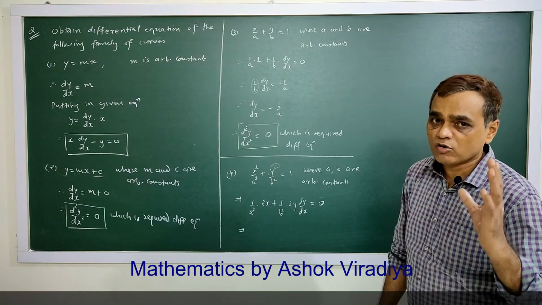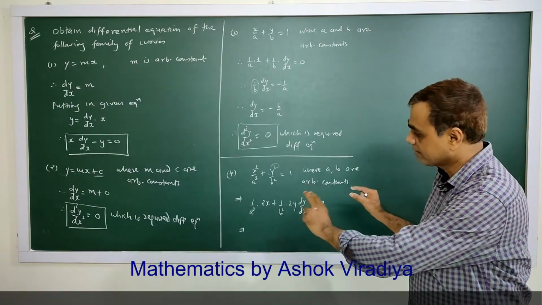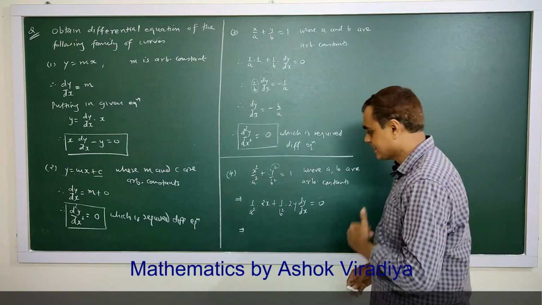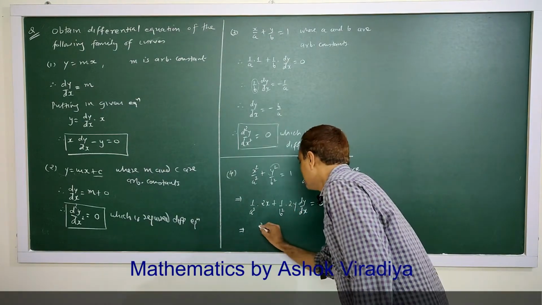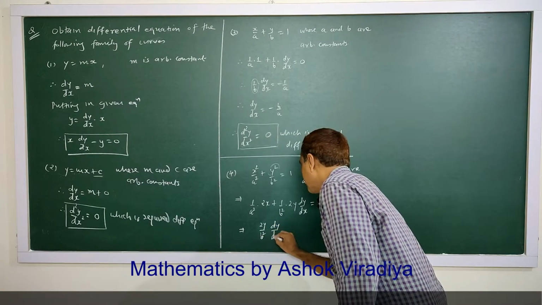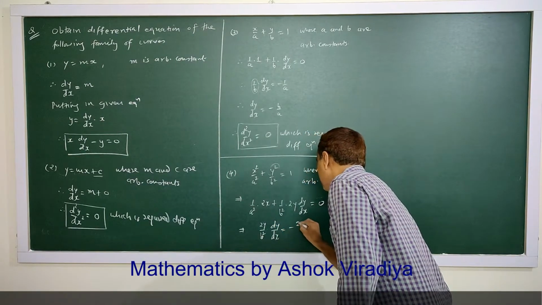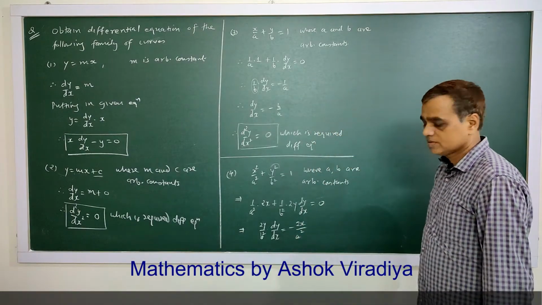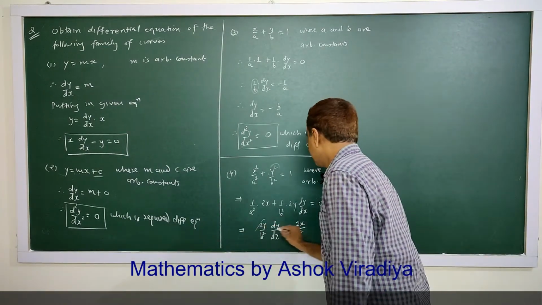We want to make both invisible. So the next step is, 2y by b square dy by dx equal to minus 2x by a square. So this 2 is cancelled.